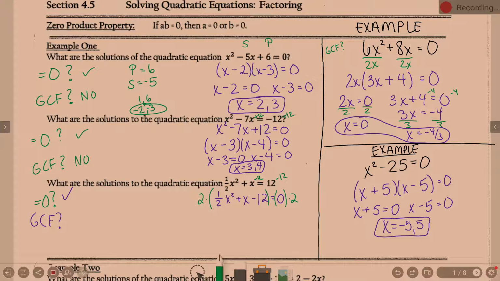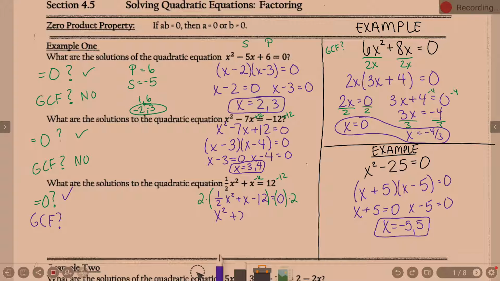So, 2 times 1/2 x squared. What is half of 2? 1. And so what's 1x squared? We can write that as just x squared. Now keep multiplying by 2. 2 times x? 2x.